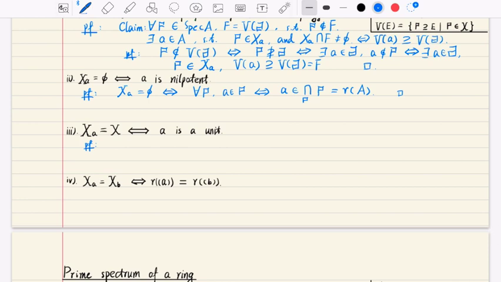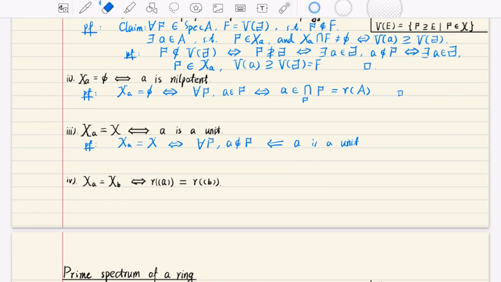Okay, the next question. When X_A equals the whole space, it means that for any prime ideal P, A is not an element of P. One can easily say that if A is a unit, this direction is of course correct: from the condition A is a unit, A does not belong to any prime ideal.